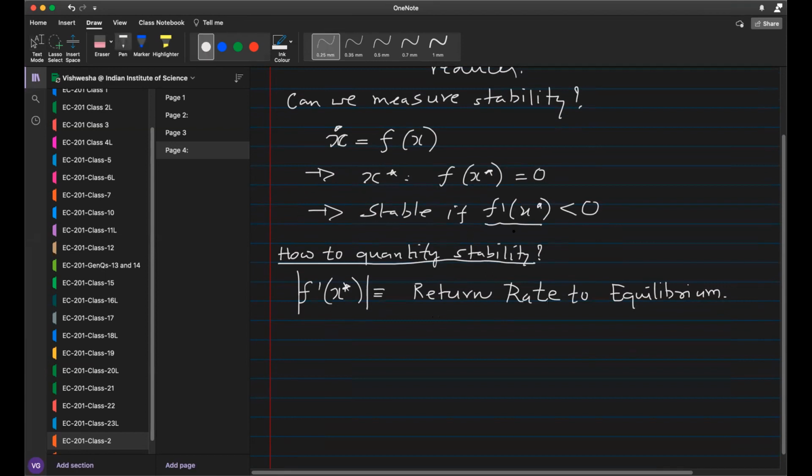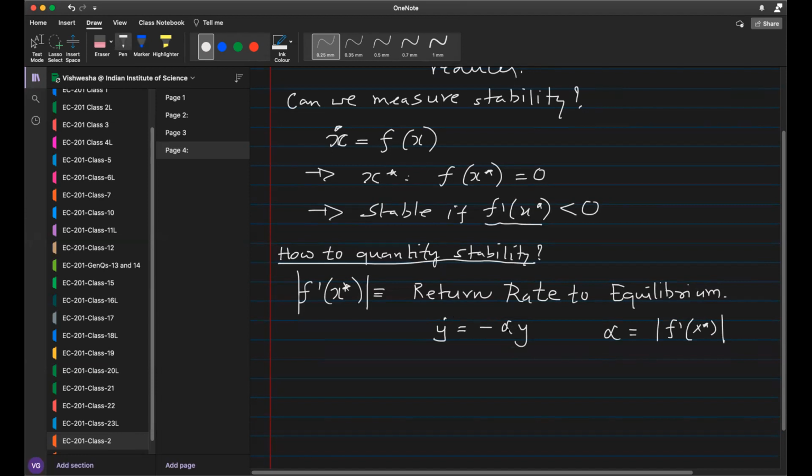Basically, if you make a perturbation around x star, let's call that perturbation y. We showed that y dot is equal to minus alpha y, where alpha was given by the modulus of f prime x star, right? So basically, what does alpha here mean?